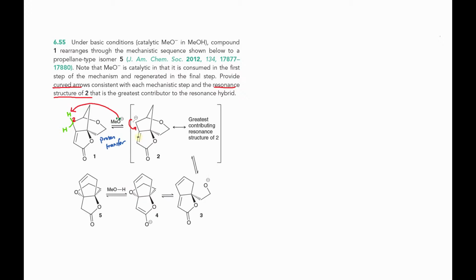So that pi bond is in turn going to push or attack on that bond to create a double bond, and then that's also going to cause the carbon oxygen double bond to place the electrons on the oxygen. So that oxygen is going to temporarily store the negative charge.